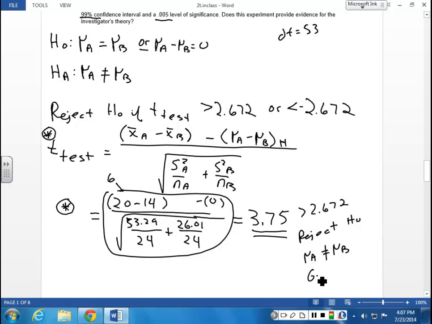Ginkgo. I need some ginkgo to improve my memory, I guess. We're not talking about ginkgo anymore, we're talking about vocabulary. So the average difference in vocabulary is different for older and younger adults.